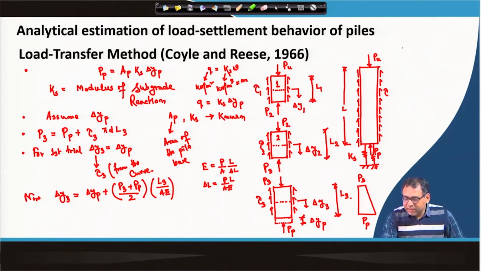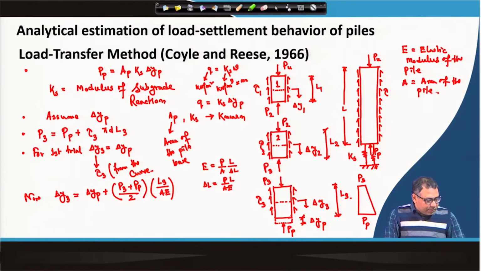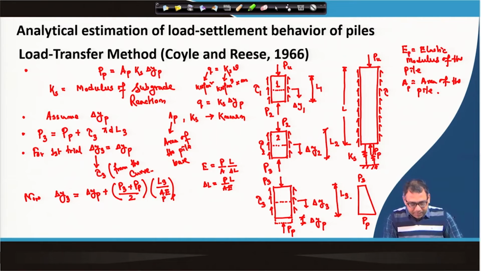We can also write this as A p E p, the area of the pile and the elastic modulus of the pile.